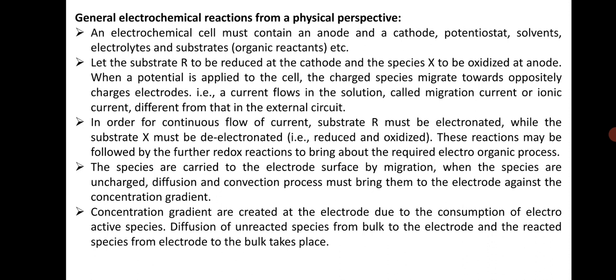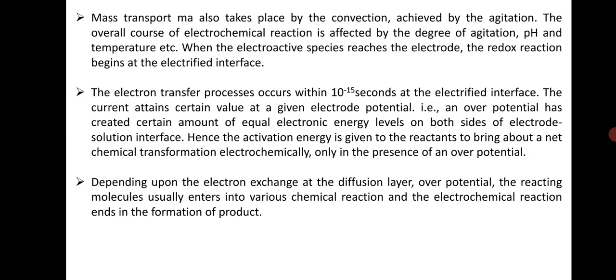Now, diffusion of the unreacted species from the bulk to the electrode surface, and of the reacted species from the electrode to the bulk of the solution, takes place at each reduction and oxidation step.